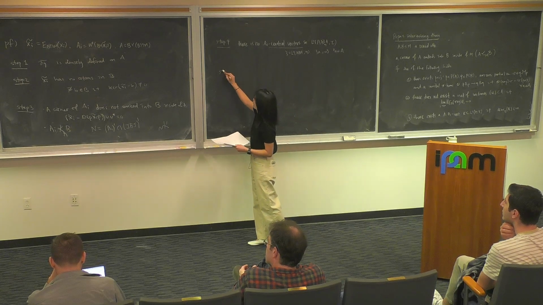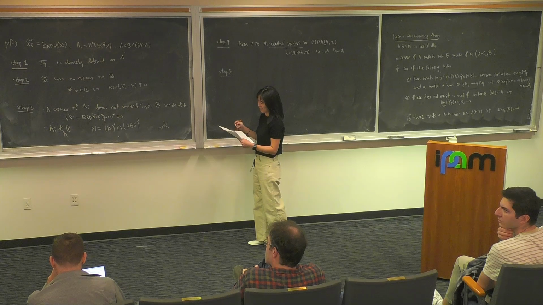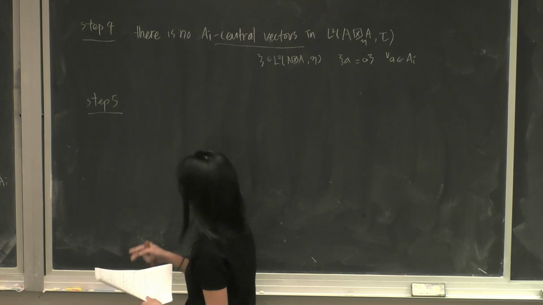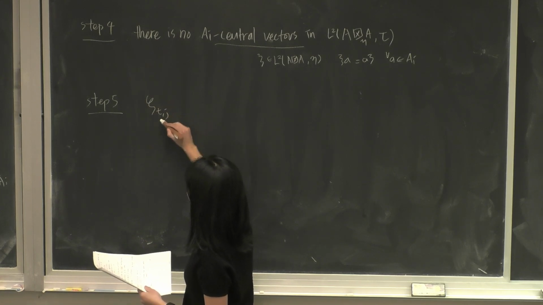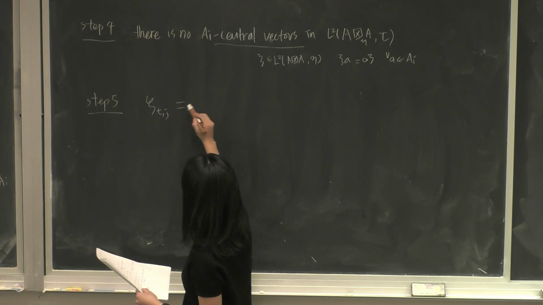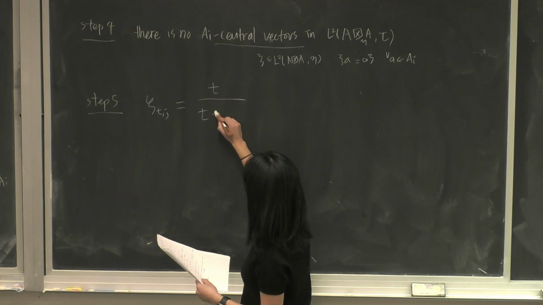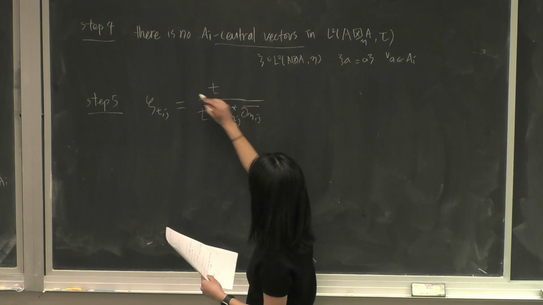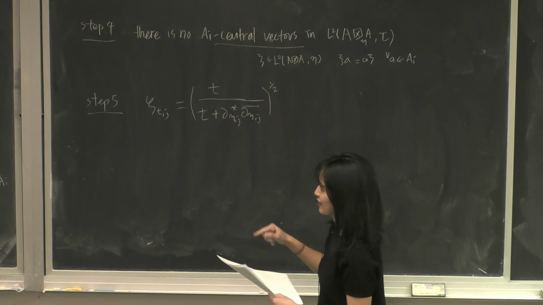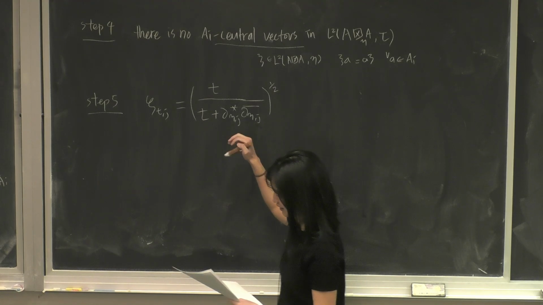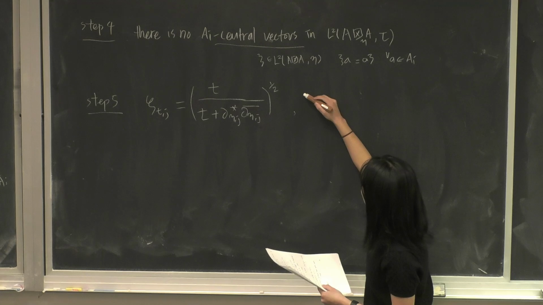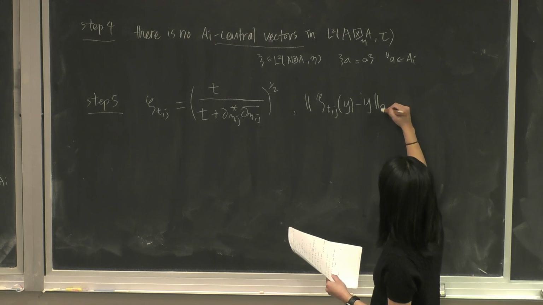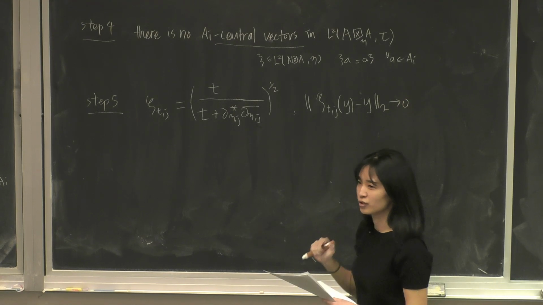And the last step is by considering a multiplication function that looks like this. What this does is it smooths out this partial eta, and this has a nice property that this converges to 0.